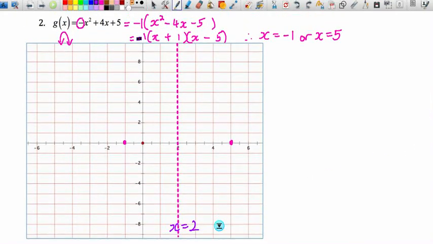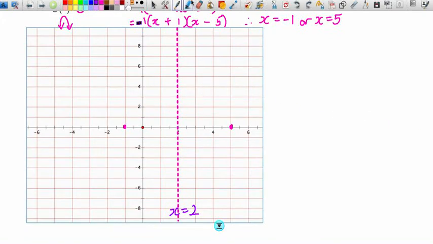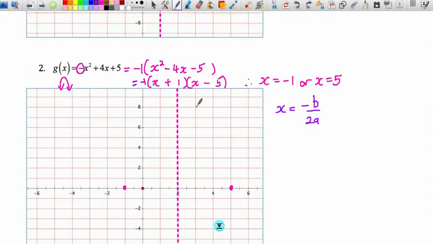Once again, just to confirm, if you're at all confused by that, you could always use the formula. For the axis of symmetry or for the vertex, we can use the formula x equals -b over 2a. So in this case, let's go back to our equation.